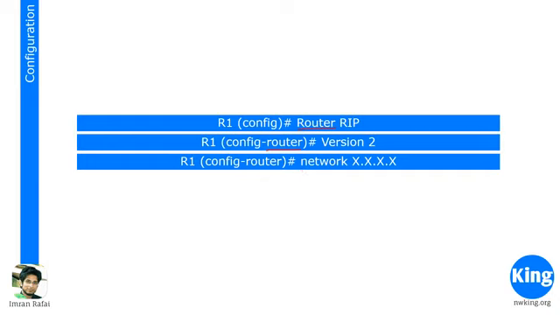This network command is a very tricky command because it does two functions. The first function is it tells what network to advertise, and the second is it tells which interface to advertise those out of. So hang on, you will see what I mean when you look at the configuration.